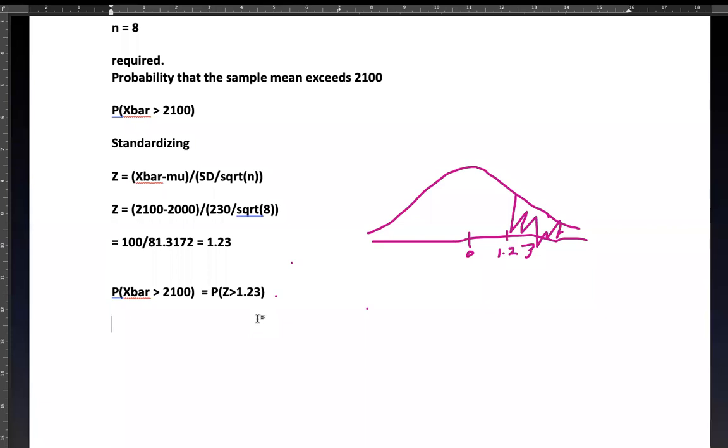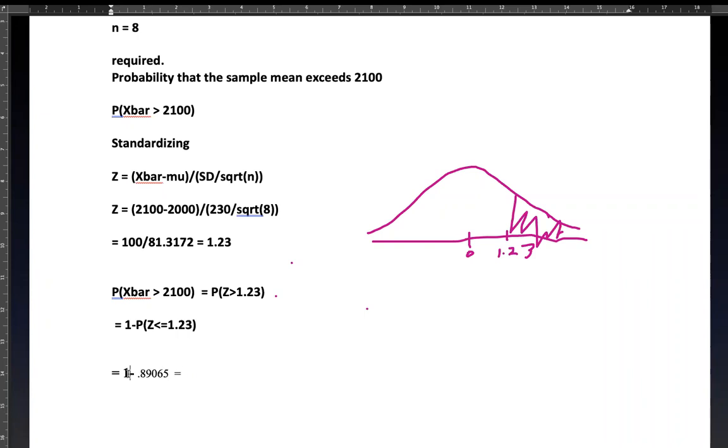So basically what it means is that, as Lawrence was saying, based on the shape, this is the same as 1 minus the probability that z is less than or equal to 1.23, isn't it? Right. So from the tables, that is 1 minus 0.89065.